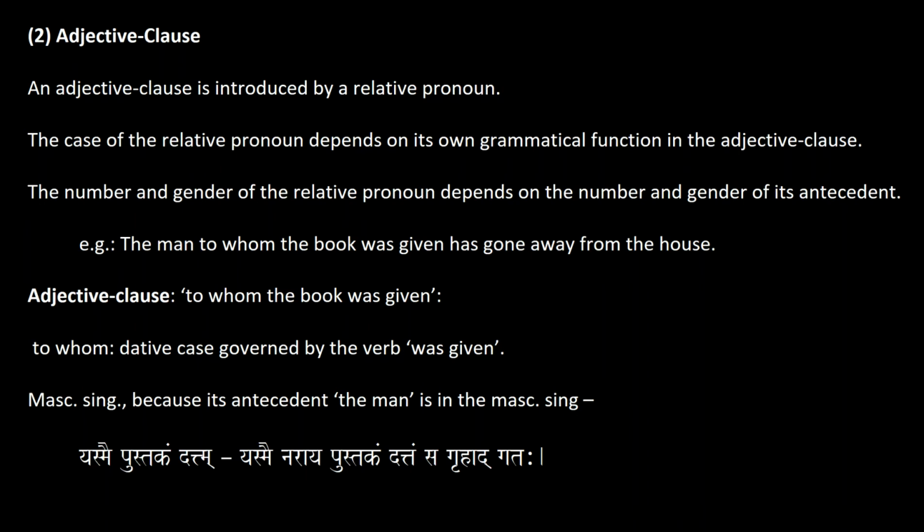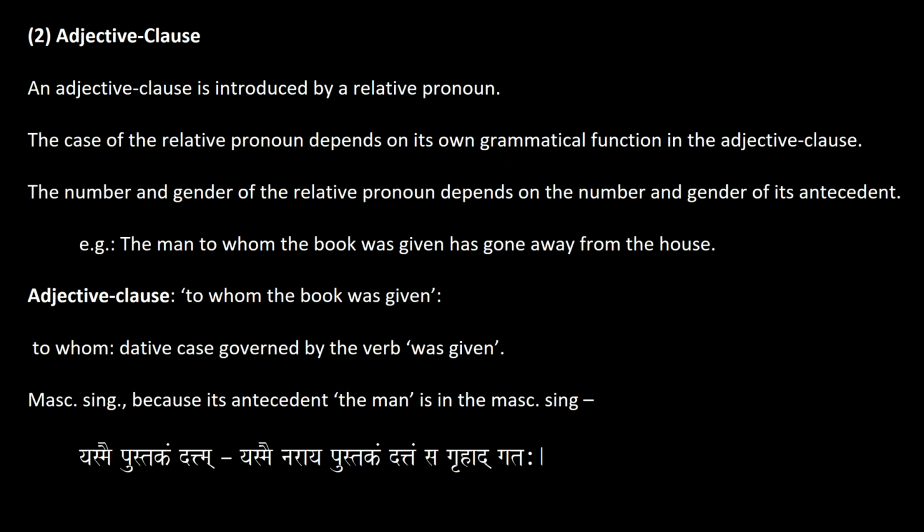So for example, the man to whom the book was given has gone away from the house. The adjective clause is to whom the book was given. So to whom has to be in the dative case, governed by the verb was given.